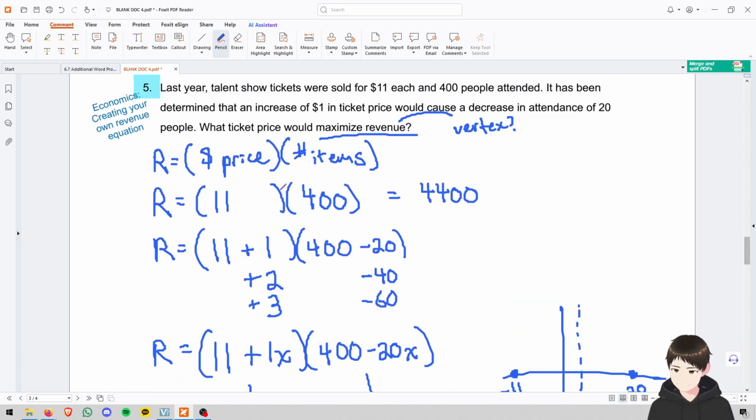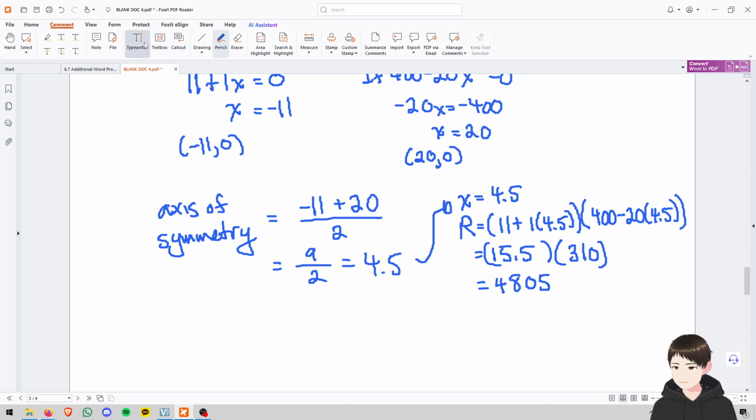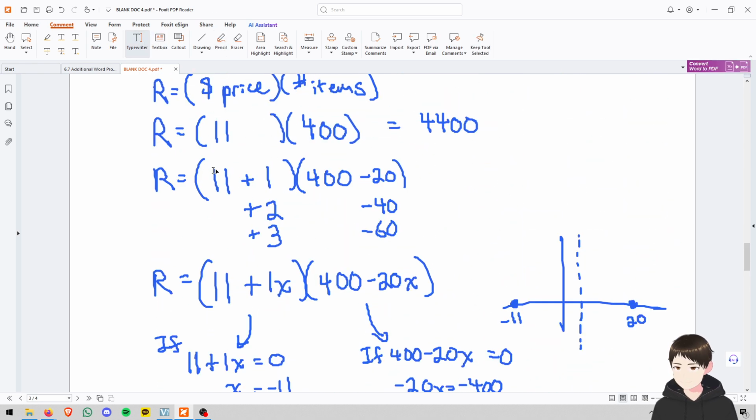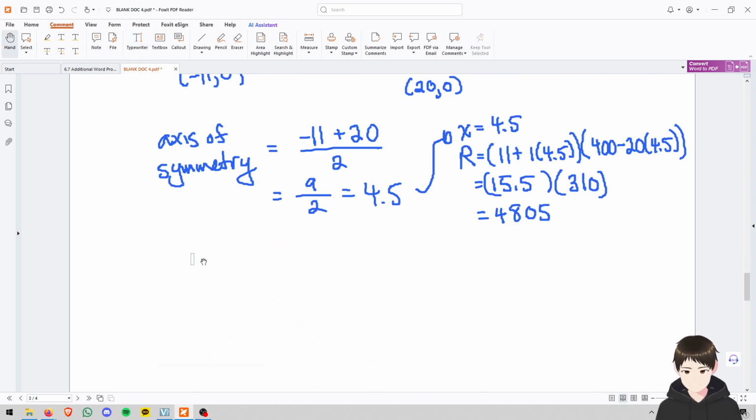It is $400 more than last year. So I'm just going to do a full sentence, even though it doesn't ask me for that. What price would it? I guess it does. So if I raise the price by 4.5, we would maximize the revenue. What does that mean?